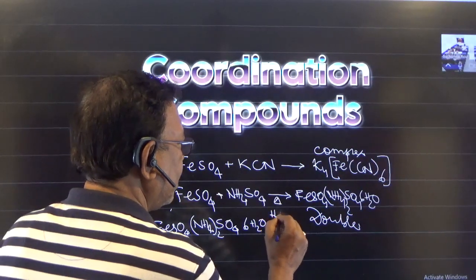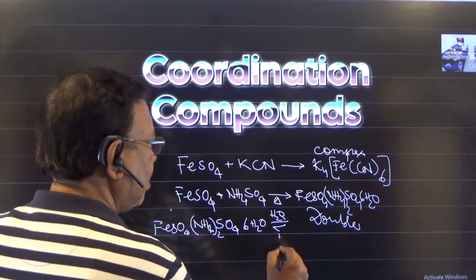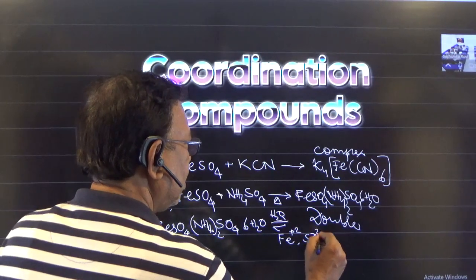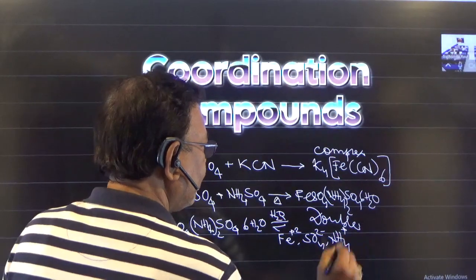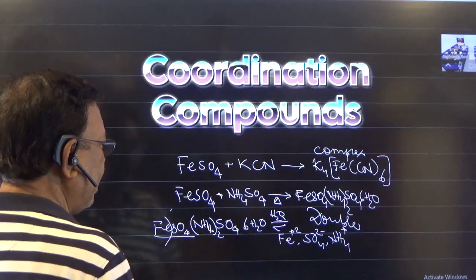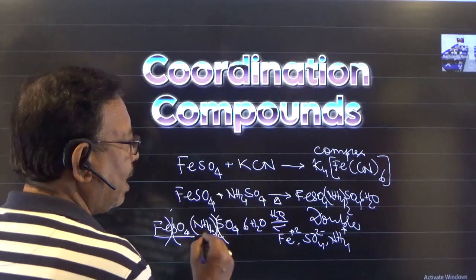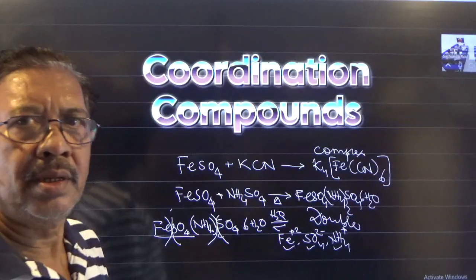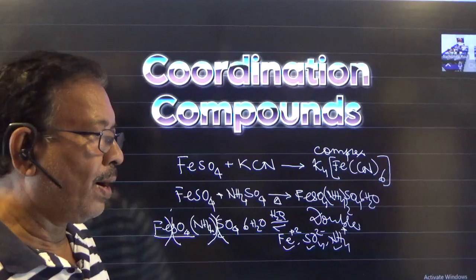Whenever it is dissolved in water, you will be getting all the ions: ferrous ion, sulfate ion, ammonium ion. It shows all ions because ferrous sulfate contains iron and sulfate, ammonium sulfate contains ammonium ion and sulfate ion. This shows the presence of all the ions, ferrous ion, ammonium ion as well as sulfate ion.